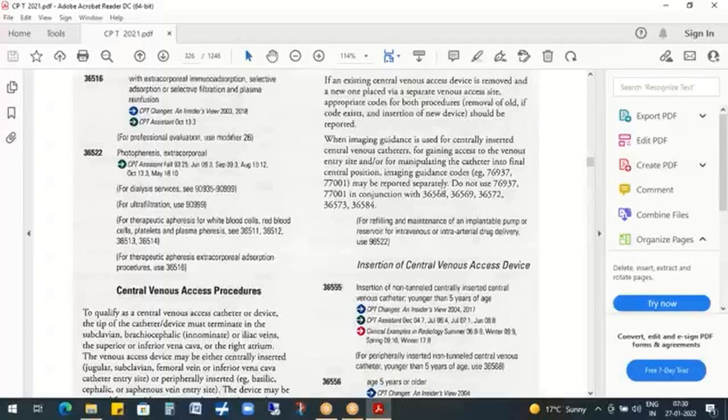Next point. Centrally inserted means the tip of the catheter is in the jugular vein, subclavian, femoral vein, or inferior vena cava.